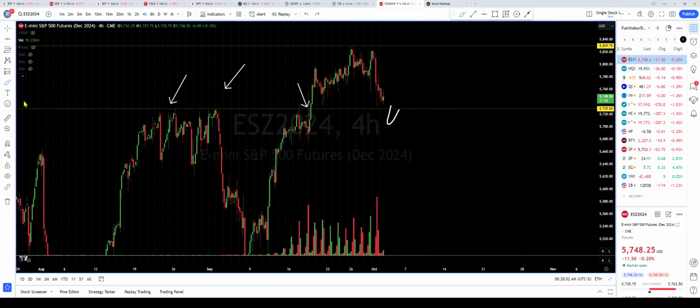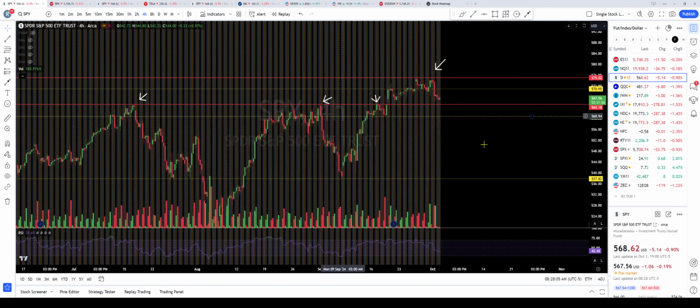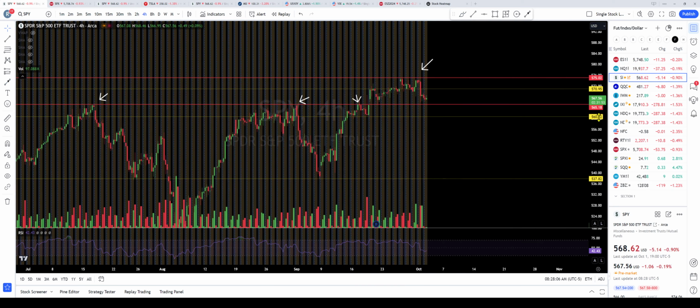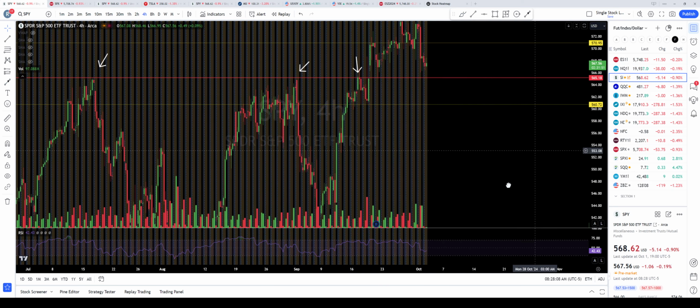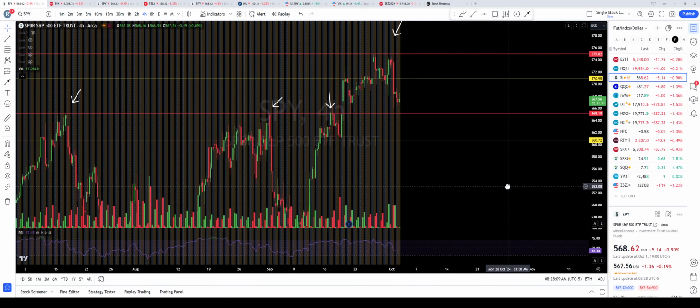What does that look like on the SPY? On the SPY, it's basically the same thing. Former all-time highs, former all-time highs, tested almost yesterday again. So right here, my trade that I'm looking for this morning, if we continue to go down, is a break and a retest there.